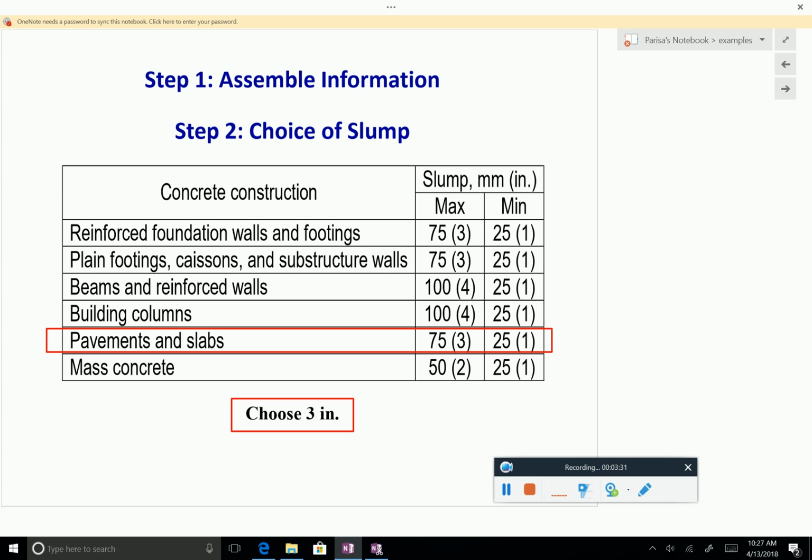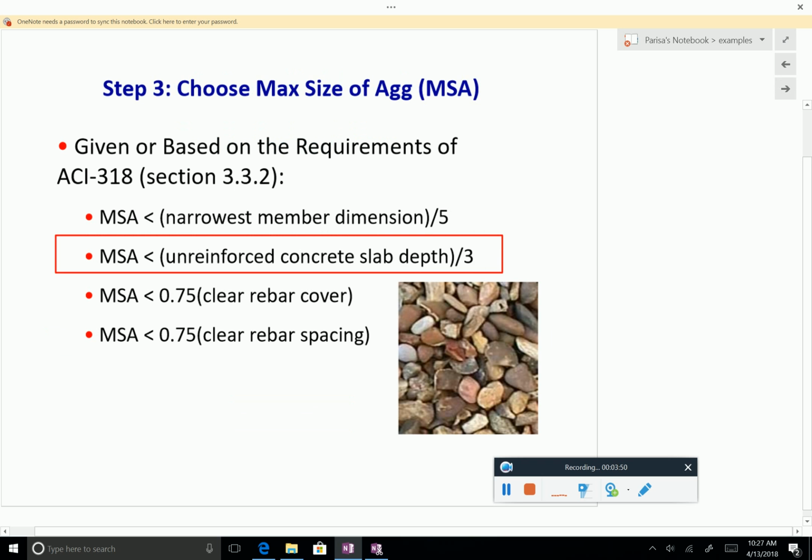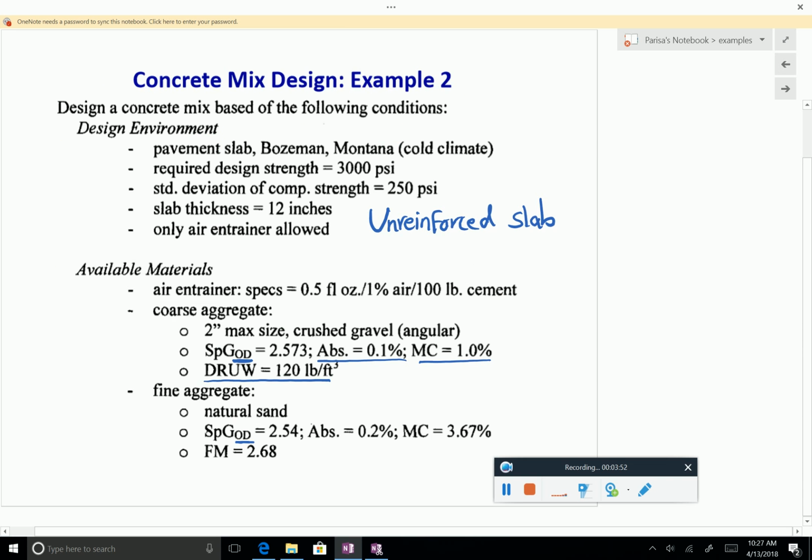You can have this. Everything else is not that. You cannot have a diagram or something like that. Open, right? So OD is oven dry.